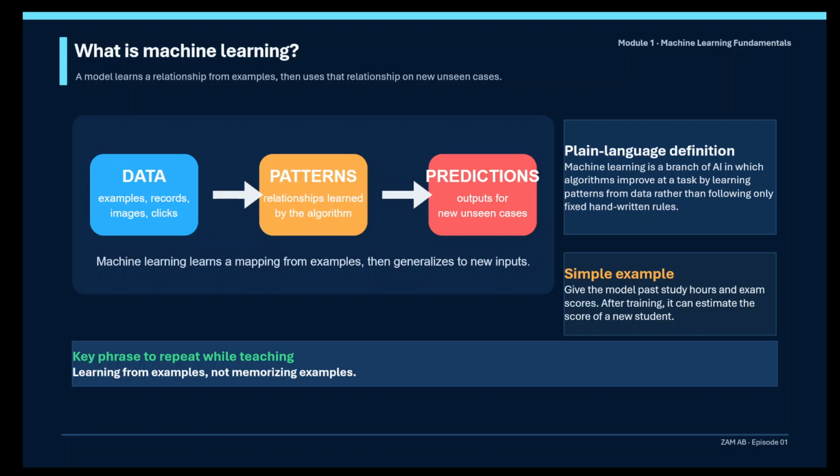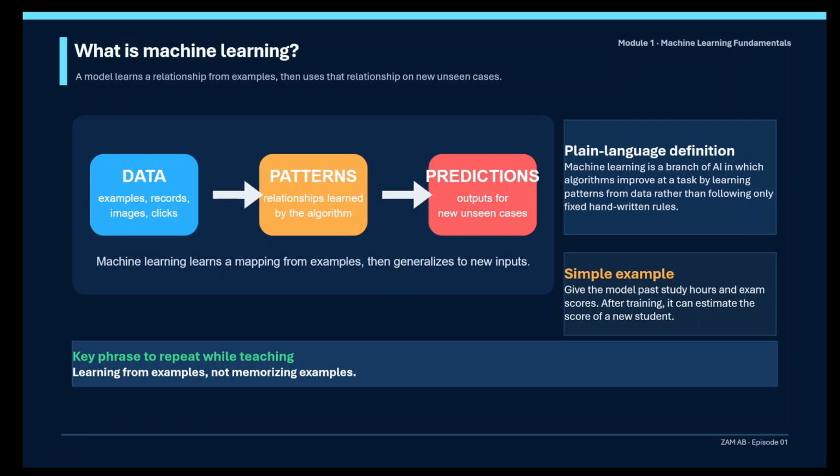In very simple language, machine learning is a branch of AI in which algorithms improve at a task by learning patterns from data rather than following only fixed and written rules. There are no written rules in this. As we see in conventional programming, there will be some specific rules implemented on the input data, and based on those rules, output will be generated.